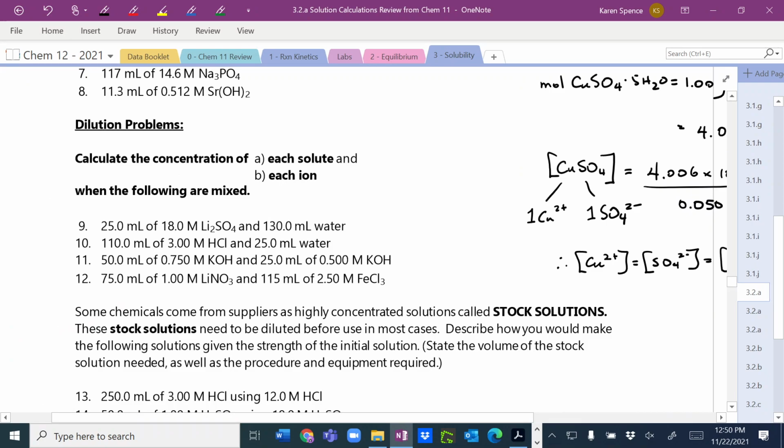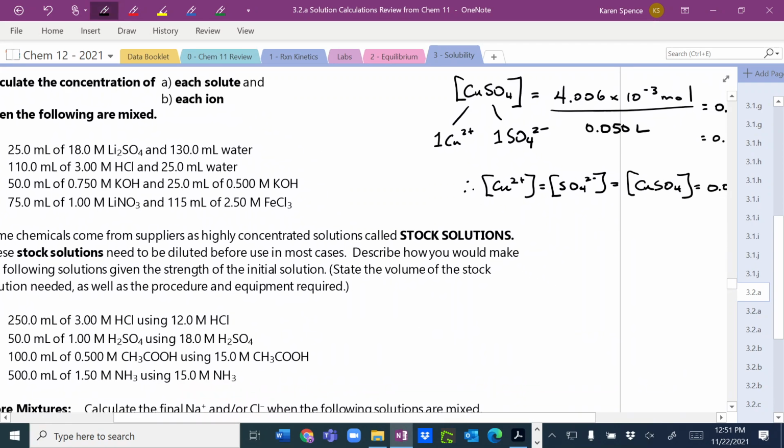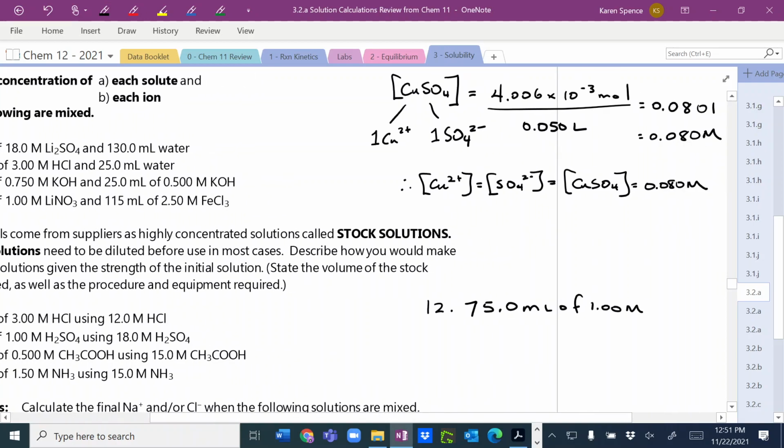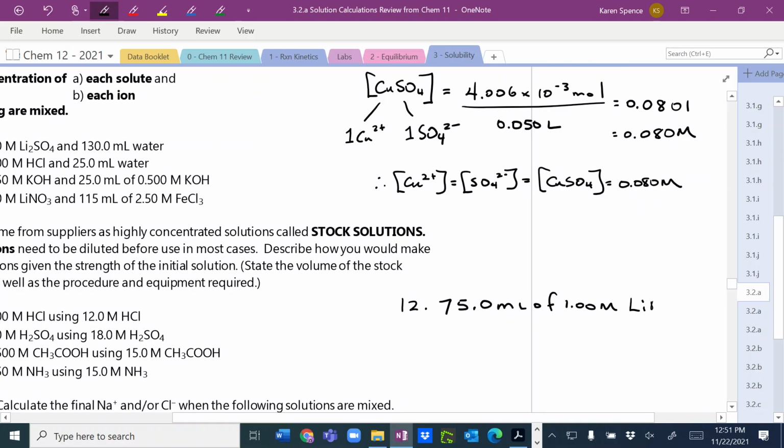We have, okay, I'm just going to rewrite this over here. We have 75 milliliters of 1 molar lithium nitrate. And we have 115 milliliters of 2.50 molar iron chloride. And we want to figure out the concentration of each solute and then the concentration of each ion.